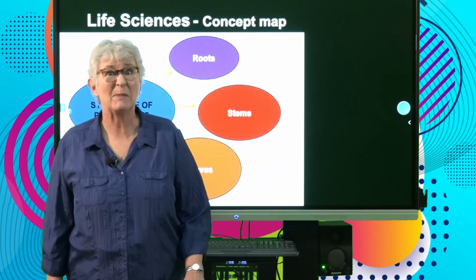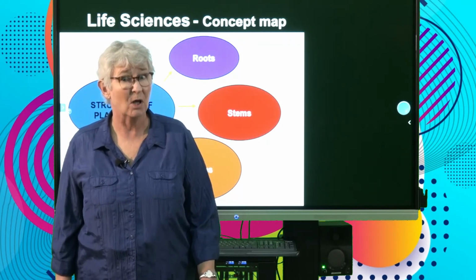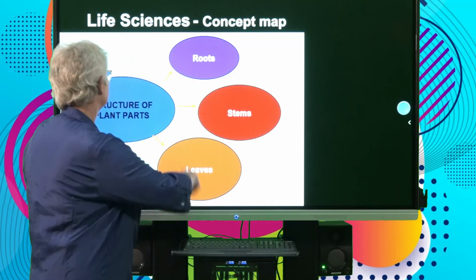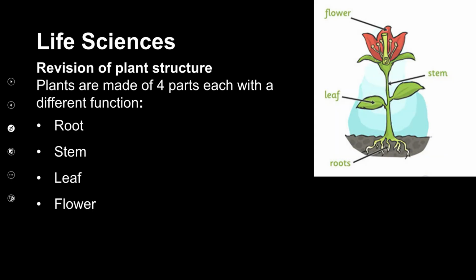Way back in primary school, you should have learnt that a plant consists of roots, stems, and leaves. Now, which tissues do we find in roots, stems, and leaves?